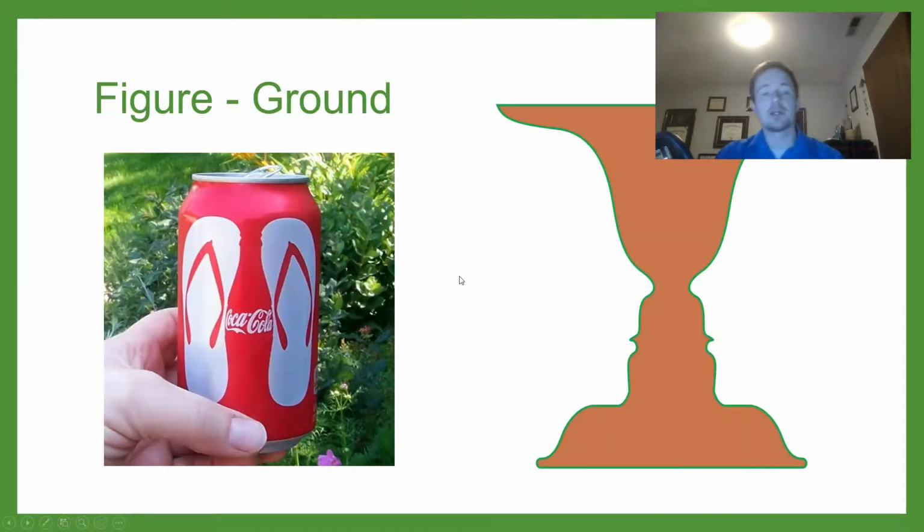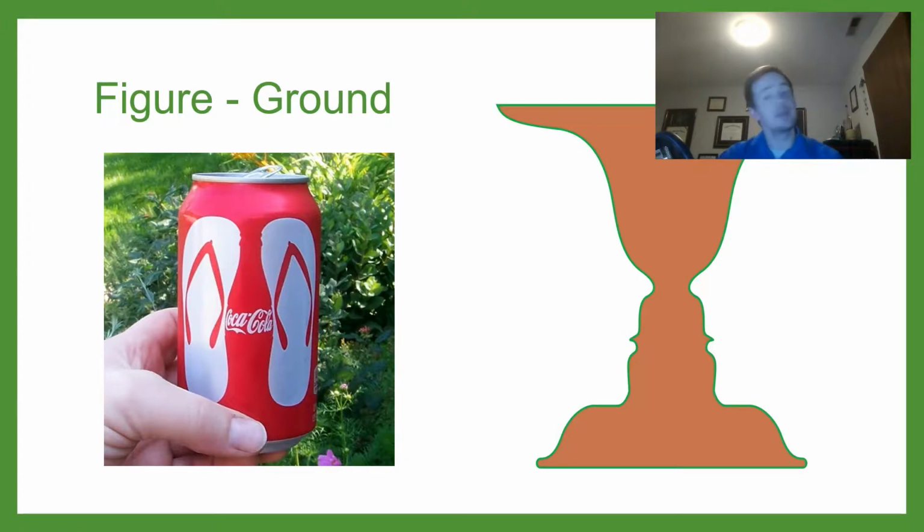And then the final one is the figure ground illusions, or the figure ground principles. So right here on the right, you've seen this a million times in your elementary school art class, where you're seeing both a vase or a goblet or a chalice or a cup of some sort, or you see two faces that are really close to one another, that maybe they're about to kiss, right?